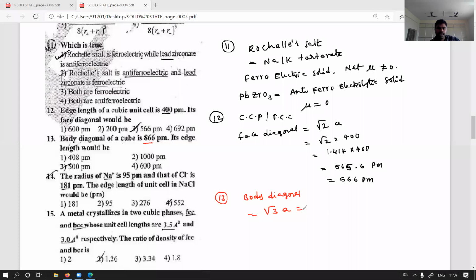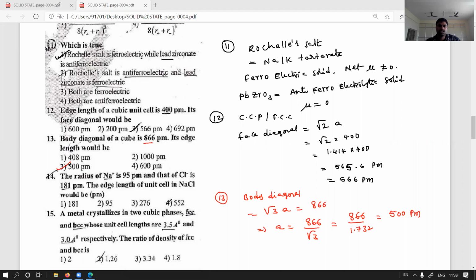Here the edge length is asked. So root 3a is equal to 866 picometers. Then a is equal to 866 by root 3. Root 3 value is 1.732. On simplification we will get 500 picometers. So the correct answer is the third one, 500 picometers.